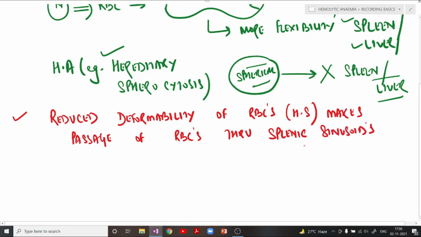Okay, it makes this passage very difficult. So as a result, what is going to happen?